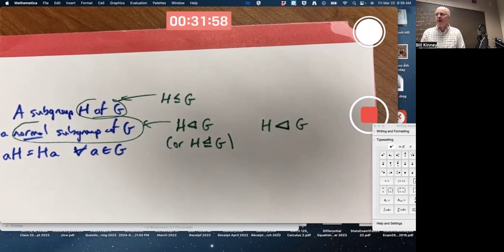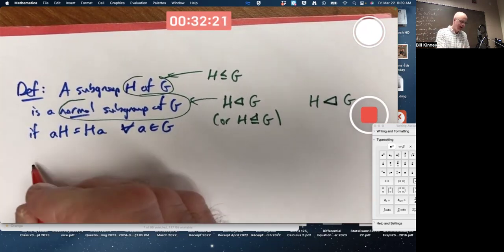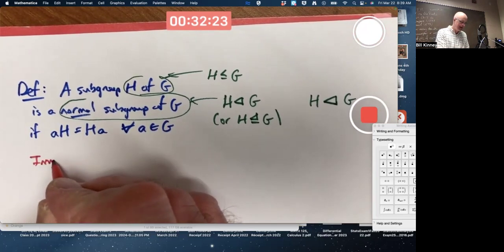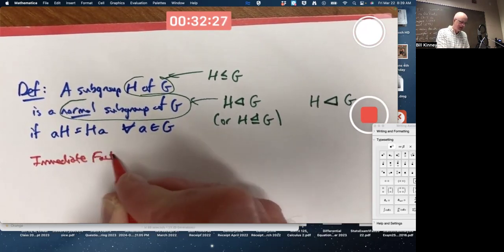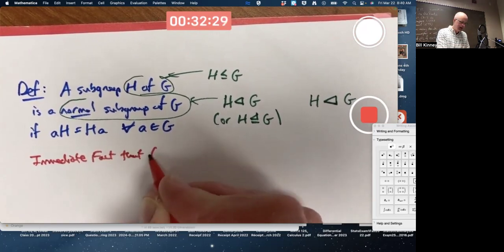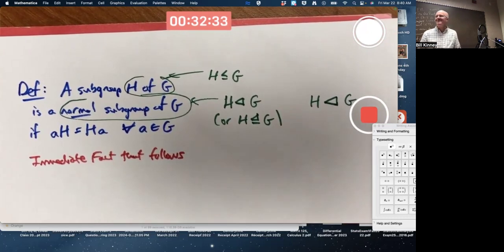Normal subgroups are subgroups. You have to have a subgroup to begin with to call it normal. It should be immediately obvious from this definition. An immediate fact that follows, you could call it a corollary of the definition.